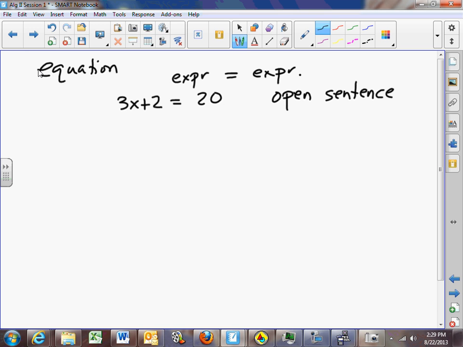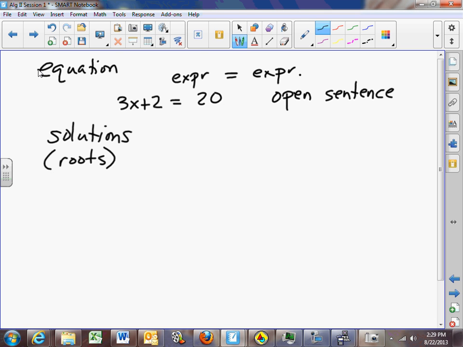Now, the number or numbers that actually make an open sentence true are called the solutions. Sometimes they're referred to as roots as well. So if you hear somebody talking about roots, they're saying these are answers to some kind of equation.